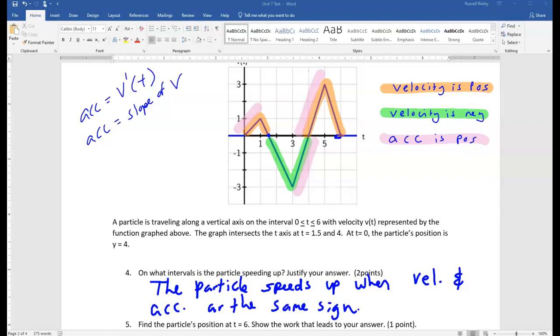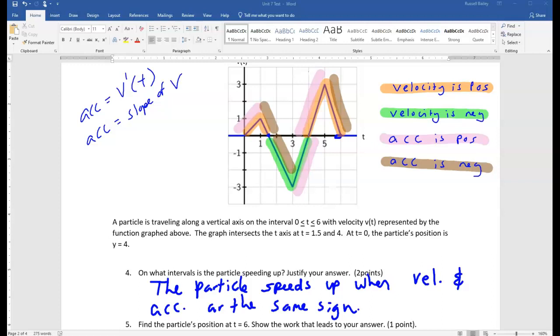And then finally, acceleration is negative anytime we have a negative slope, which happens on these intervals here. So anytime they're both positive or both negative, then we've got an answer.